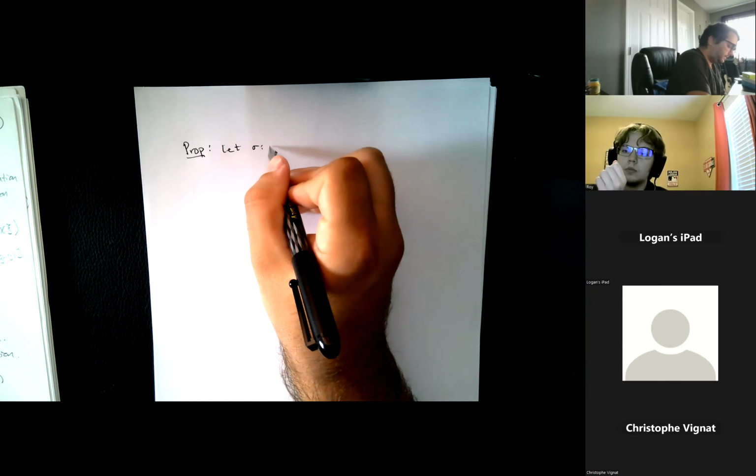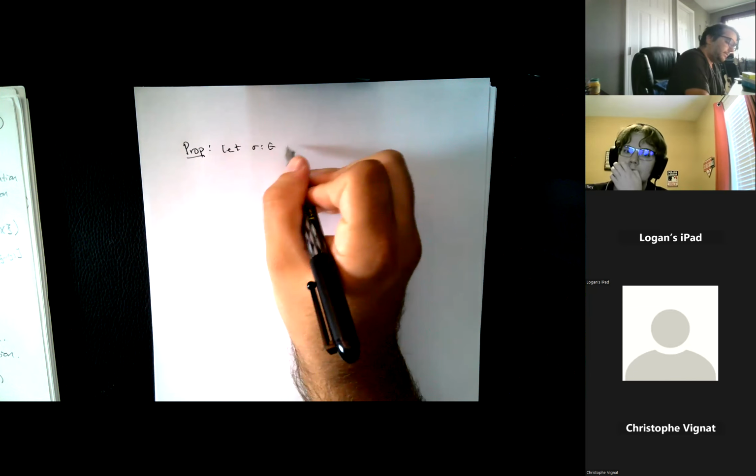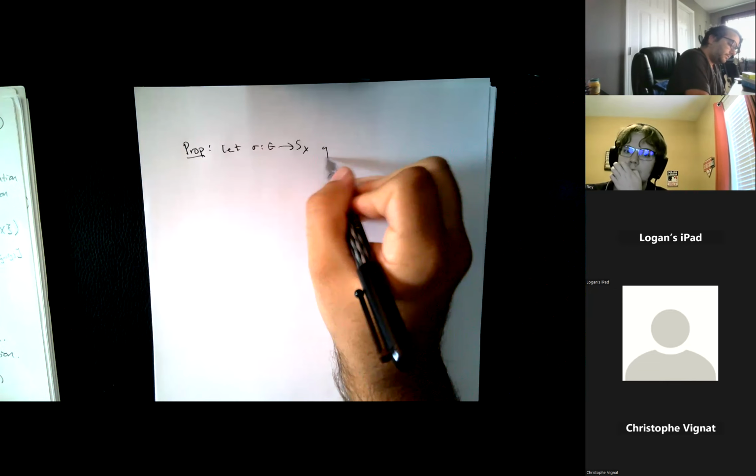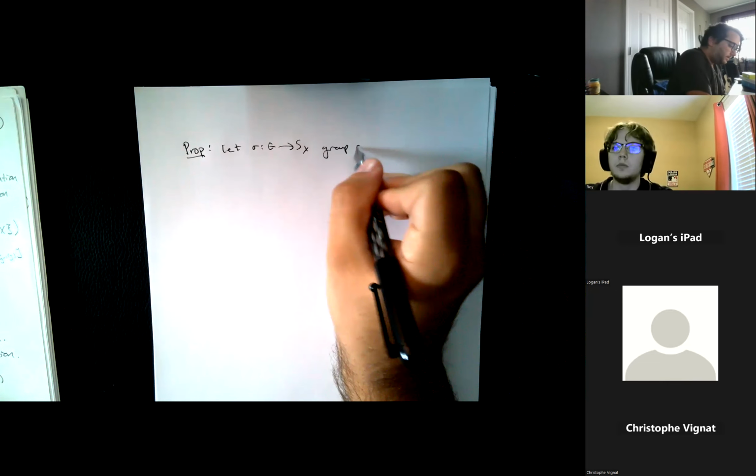So again, given a group action, then the permutation representation sigma tilde, which remember goes from G to the general linear group on the span of X, so all formal linear combinations of elements of X, is a unitary representation.